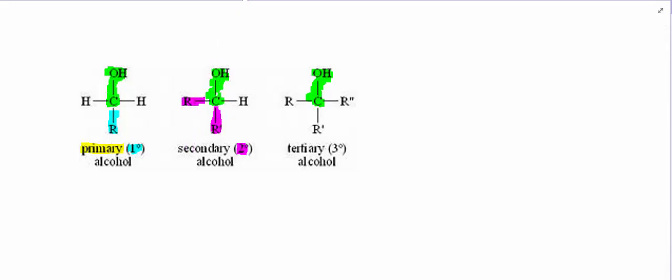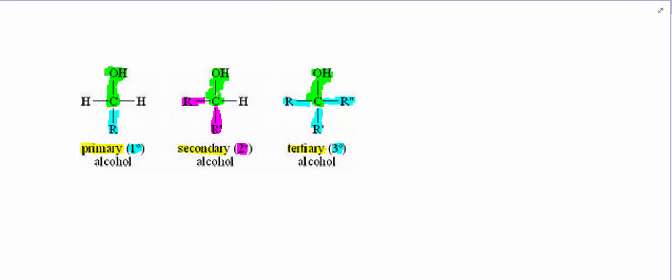So that is our secondary alcohol. When we look at the structure for a tertiary alcohol, tertiary or third degree, we'll notice on the carbon that's attached to our hydroxyl group, we have 3 hydrocarbon chains attached.